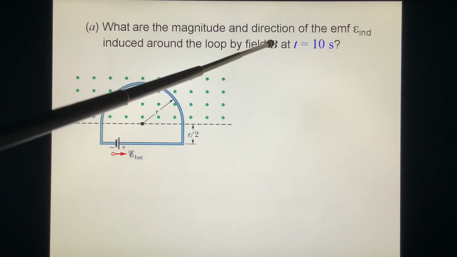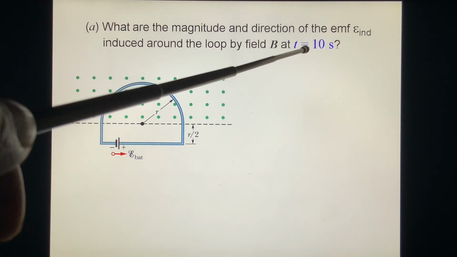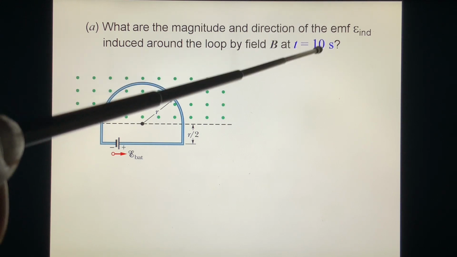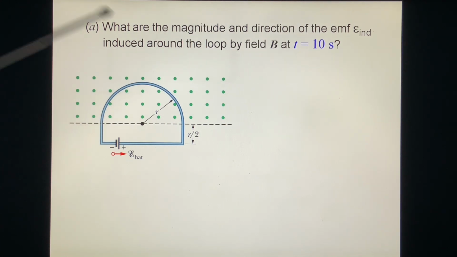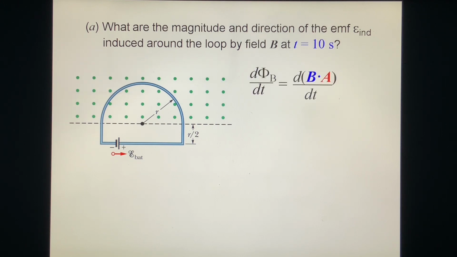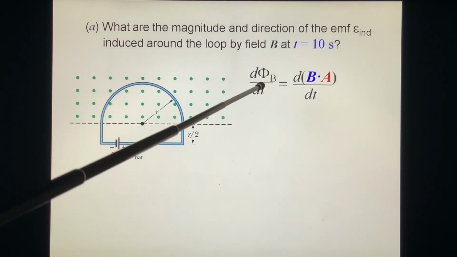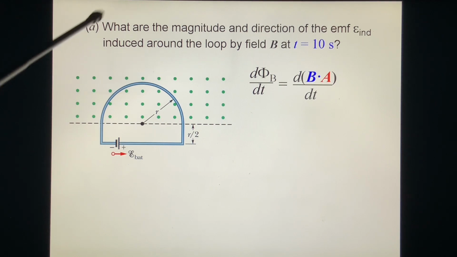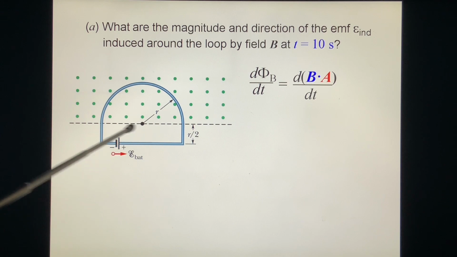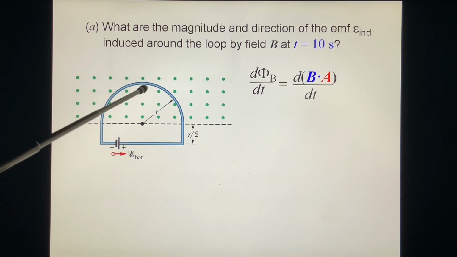B changes with time t, and we give you the time, so what is the induced electromotive force? By definition, epsilon equals minus d phi B over dt. Here, d phi B over dt comes only from this part, since there is no magnetic field here. So B dot dA.